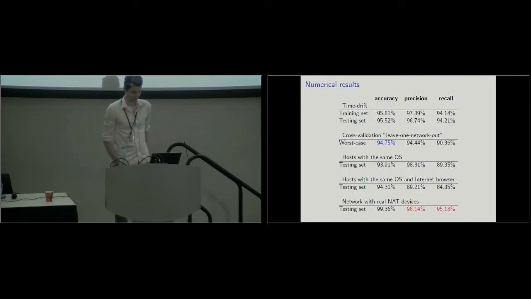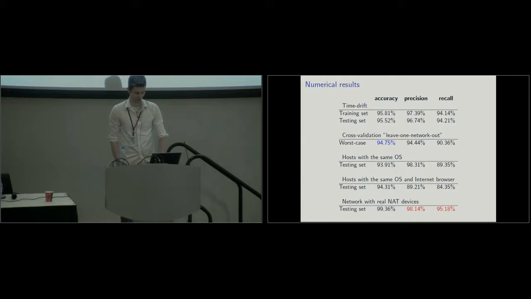And here are the results from 5 experiments. The first experiment is called time drift, because we were simply training the detector on the samples from the first day, and tested it on the samples from the second day.